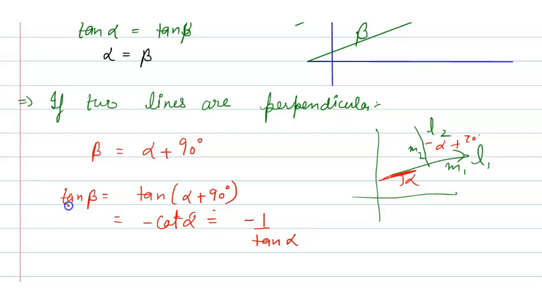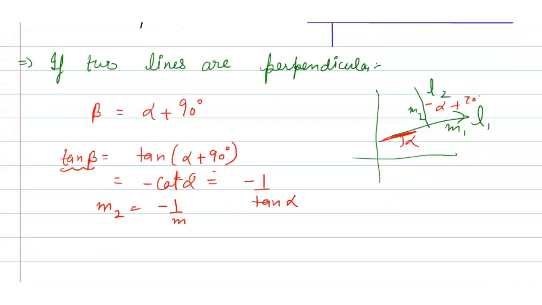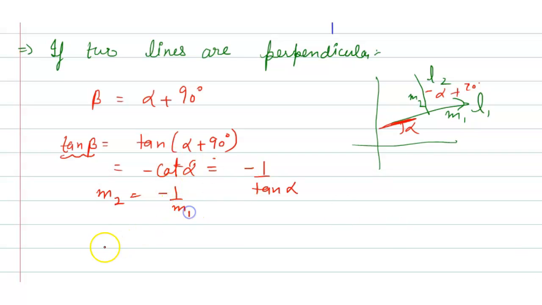So the slope m2 is equal to minus 1 upon m1. So we can write m1 into m2 is equal to minus 1. So if two lines are perpendicular, then the product of slopes is minus 1.